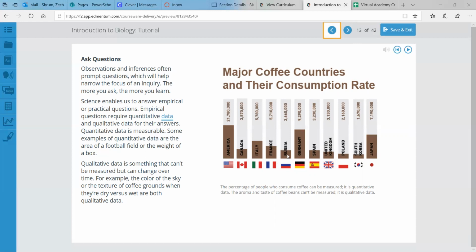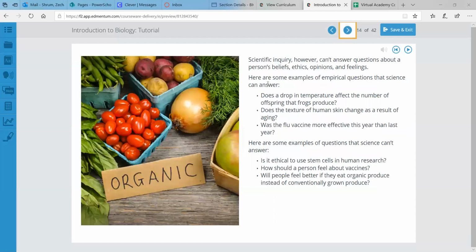I'm surprised I don't see any South American countries on here, because I know a lot of coffee beans are grown in that region. But the United Kingdom, typically known as tea drinkers for the most part, but I thought Japan also drank a lot of tea. Maybe that's the Americanized Japan, right? More coffee drinking. I don't know. There's a story there. See, I'm asking questions. Look at that. I'm sciencing.